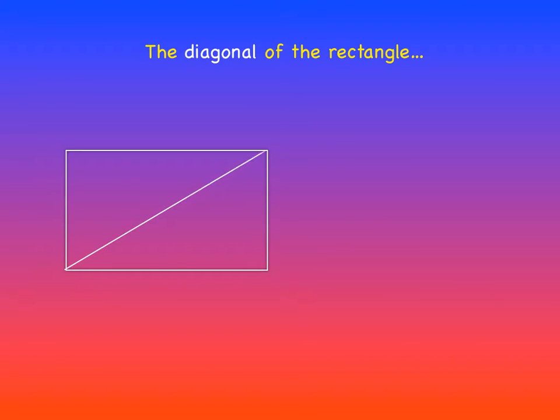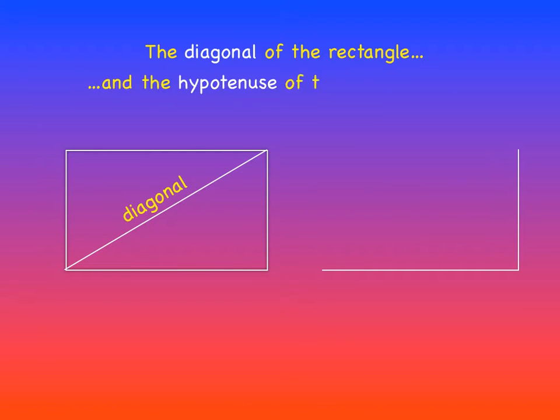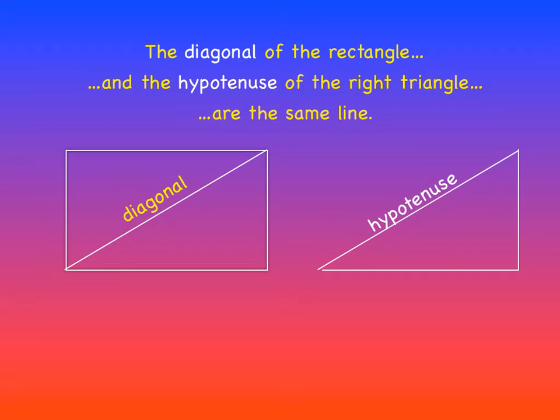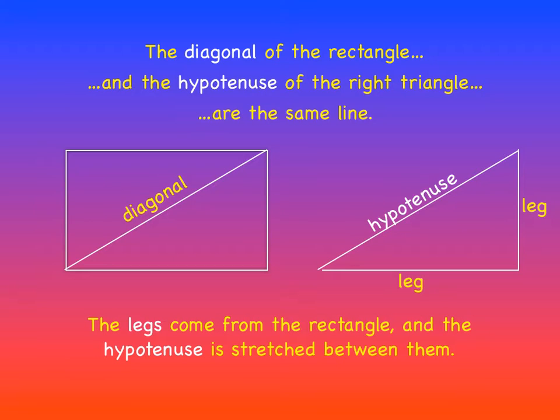The diagonal of the rectangle and the hypotenuse of the right triangle are the same line. The legs come from the rectangle and the hypotenuse is stretched between them.